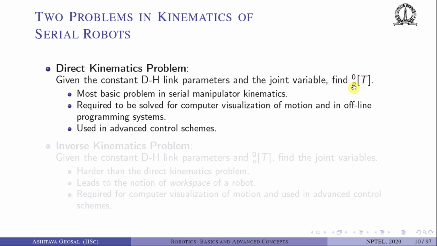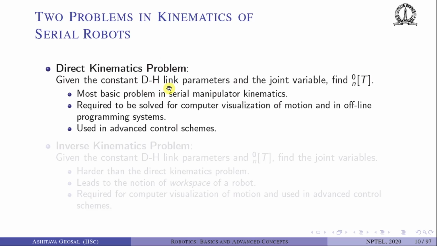The top 3x3 matrix in T0n is the rotation of the nth link with respect to the 0th link, and the last column is the position of the last link with respect to the 0th link. This is the most basic problem in serial manipulator kinematics.